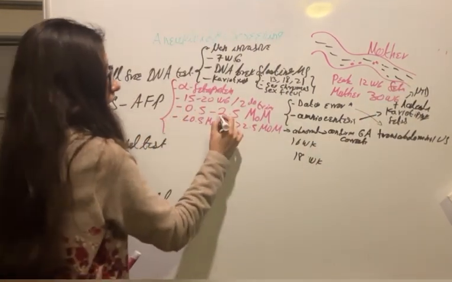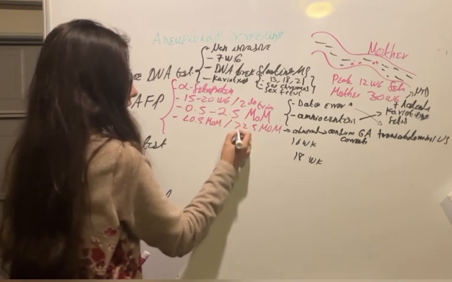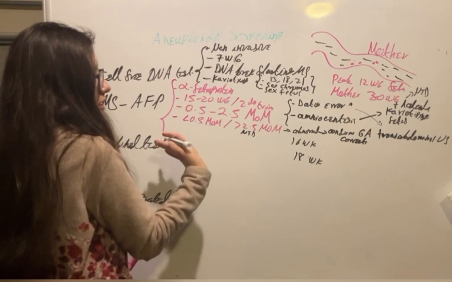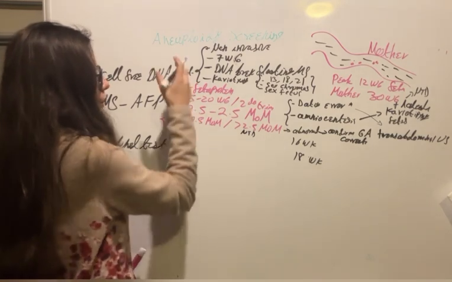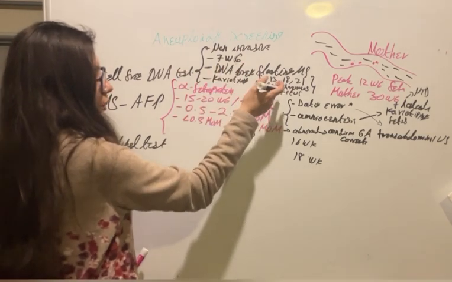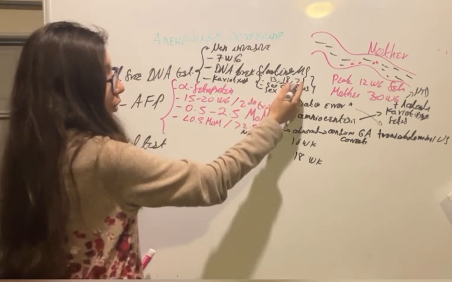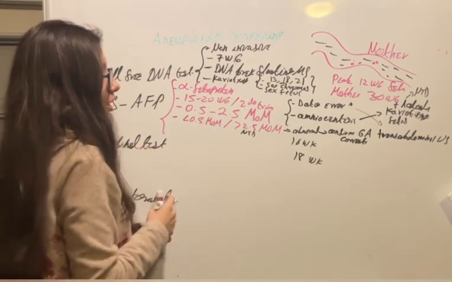So if this is higher, this suggests neural tube defect. If it's less, this could suggest aneuploidy syndromes, for example, trisomy 18, which is Edwards syndrome, for example.